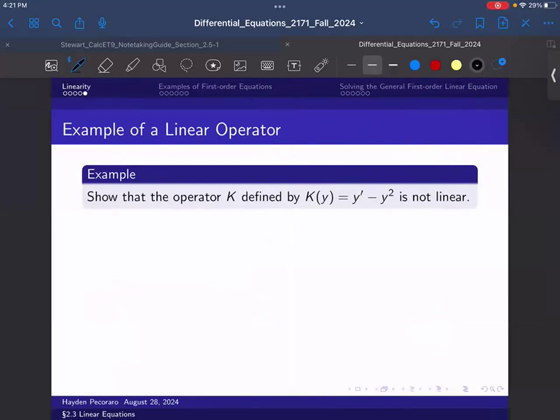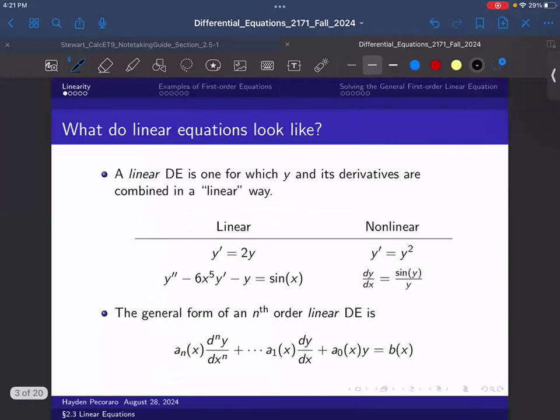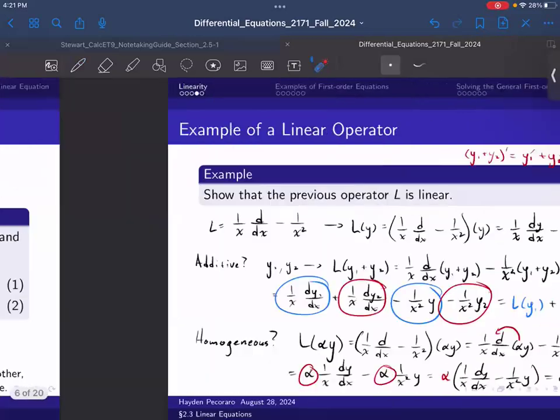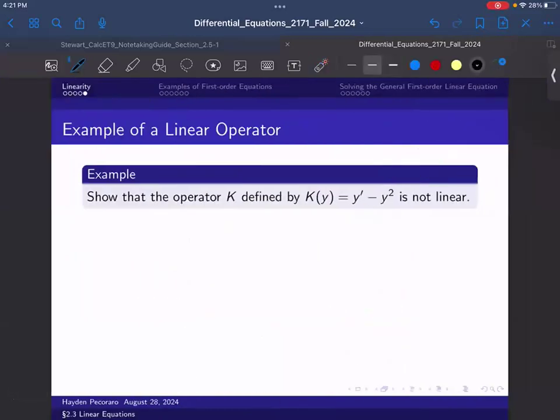Okay. So if I go back a little bit real quick, note that that operator that I wrote down is really just this equation where I've subtracted y squared over. That sort of trick pops up once in a while, so it's good to know. All right, so let's check that this is not linear.